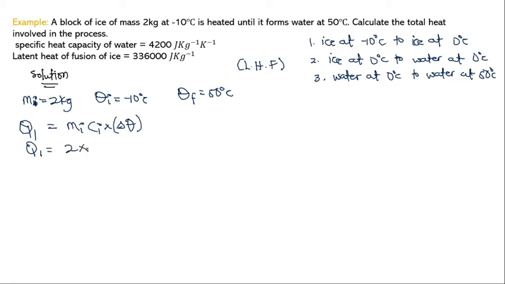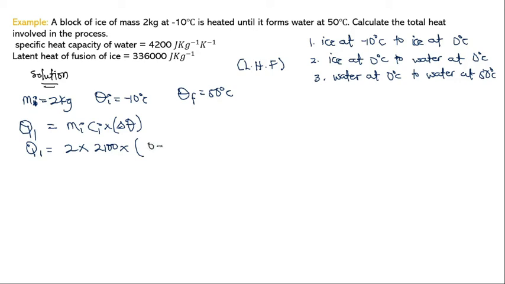which is 2 kilograms. Then the specific heat capacity of ice, we were not given, but from literature, the specific heat capacity of ice is 2100. The question will give that to you, but I forgot to write it down. Then the change in temperature over here is, we are converting from negative 10 to 0, so 0 is bigger than negative 10.